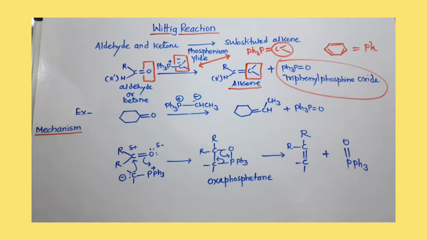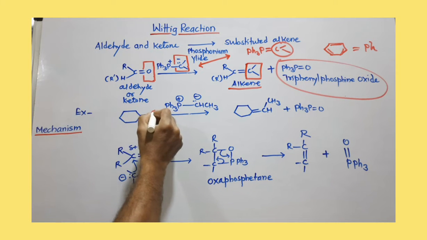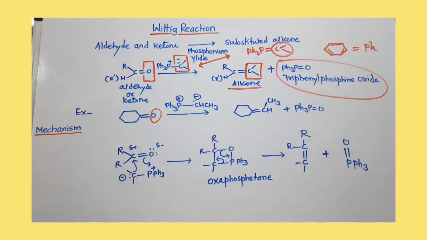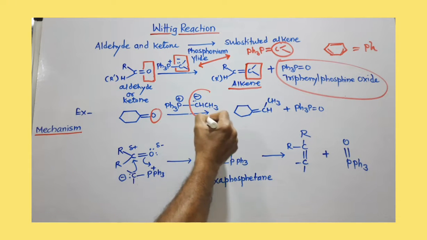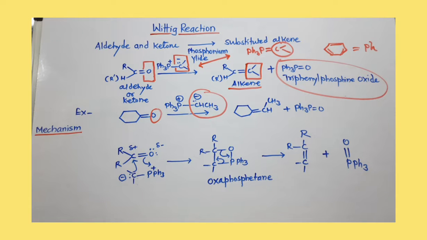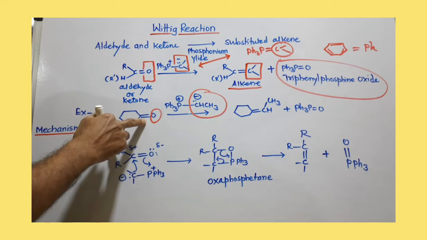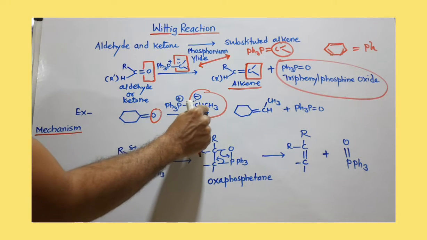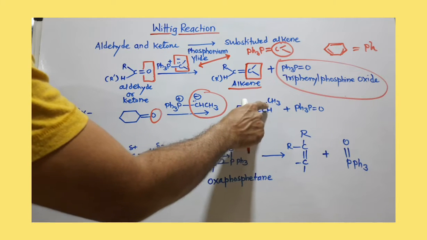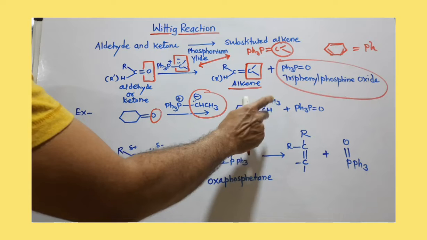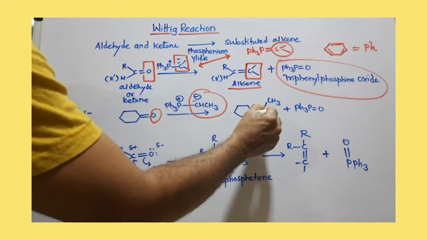So you see here, I have taken one example, this ketone, cyclohexanone. As I mentioned earlier, I have to remove oxygen and replace this oxygen with whatever portion is there in this phosphorus ylide by keeping that double bond as it is. Being this CH-CH3, you can write it without showing that bond, just like CH-CH3, that is one and the same, or you can show both bonds.